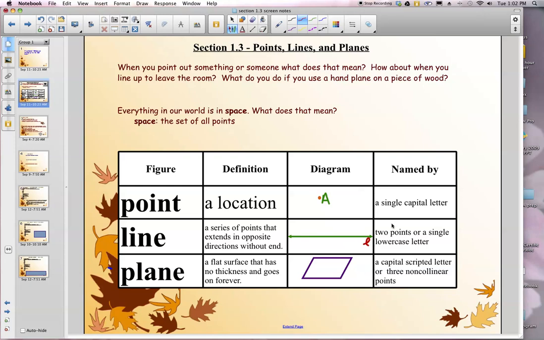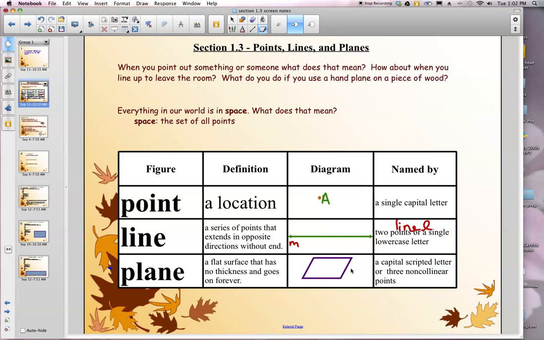And in that case, you'd actually write the word line, and we would call it line L, or whatever letter's down here. Let's say maybe it's an M, so then it would be line M. And it can be anywhere floating around the line. Those are the two very different ways that you can name a line. Both are acceptable. Your book shows you both, so you need to understand that both of those represent a line.